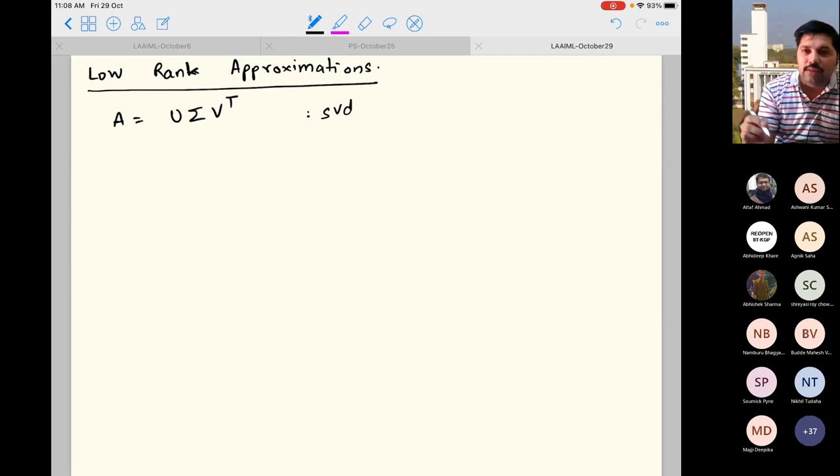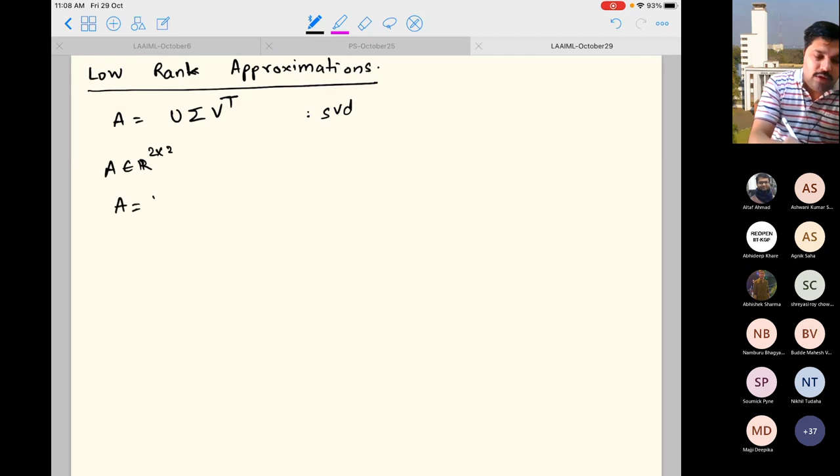One connection I just want to tell you, of singular value decomposition with the geometry that we have already seen, is that it has a relation with maximum magnification and minimum magnification, so to speak. Suppose matrix A is of size 2 by 2.